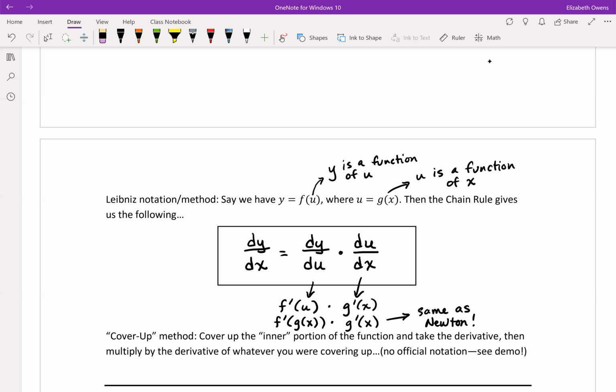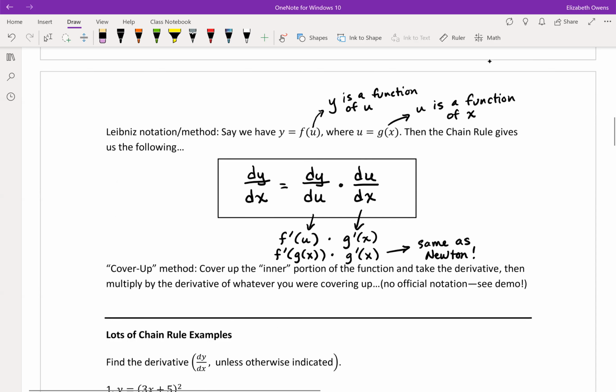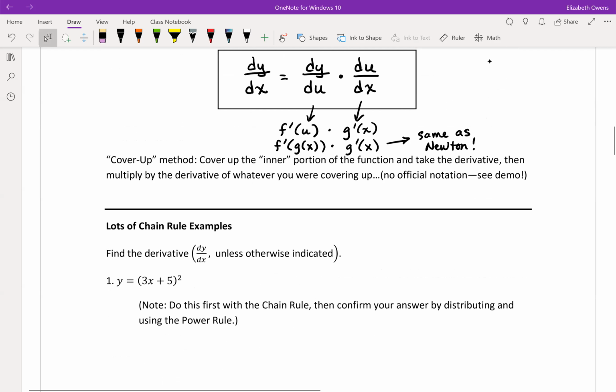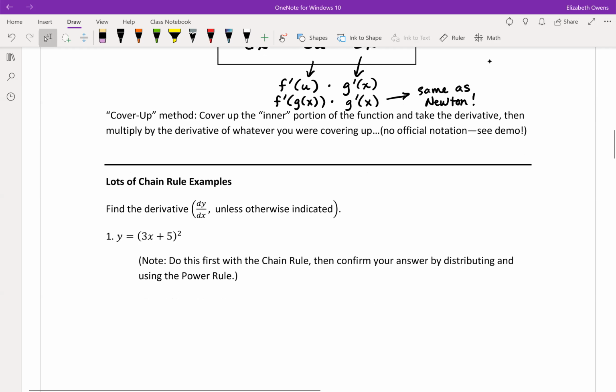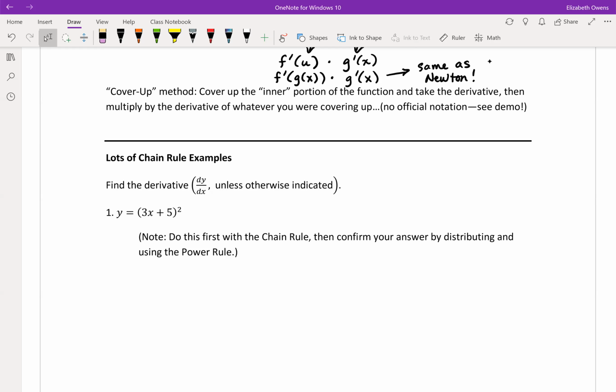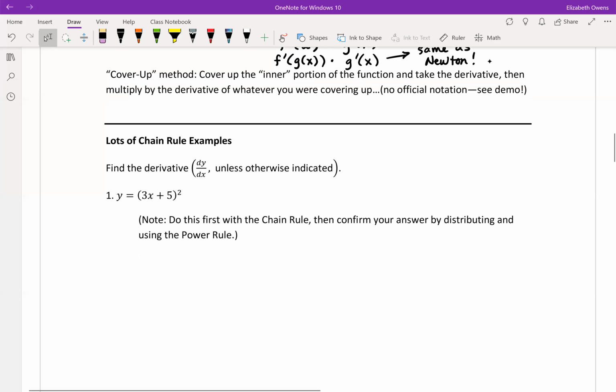So speaking of examples, let's do some of those. That's like the whole rest of the packet, I think. All right, so lots of chain rule examples here. And we'll go through this first one and then pause for a moment to see how everyone is doing.